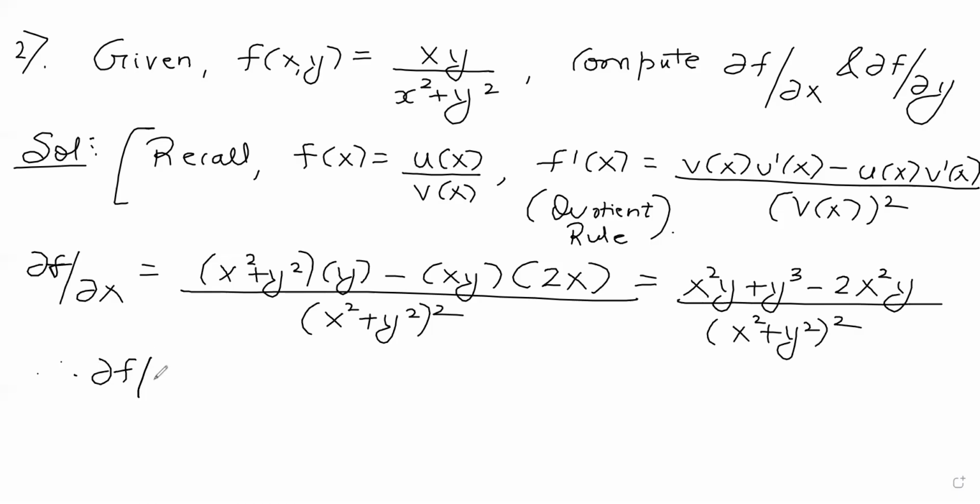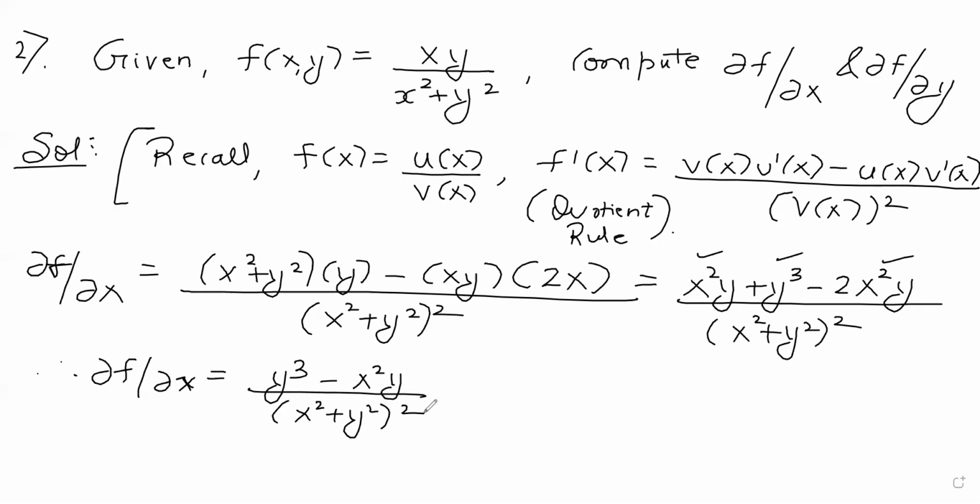So I can say my del f by del x is y cube, x square y minus 2x square y is minus x square y, upon x square plus y square whole square.